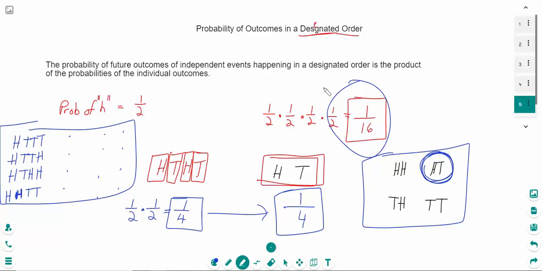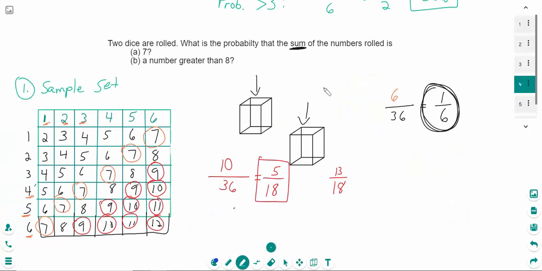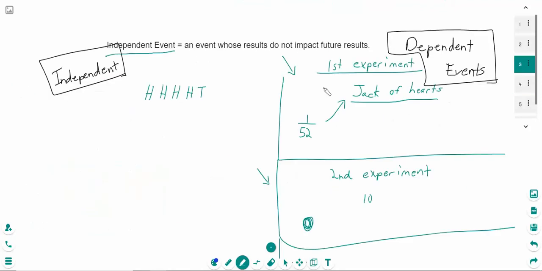The other thing that can be a little bit tricky is the idea of the independent event. Watch out for that. They're going to try to confuse you. They're going to say, all right, if I flip a coin and I get a heads, and then I flip it again and I get another heads, and I flip it again and I get another heads, what's the probability of me flipping it a fourth time and getting a heads?